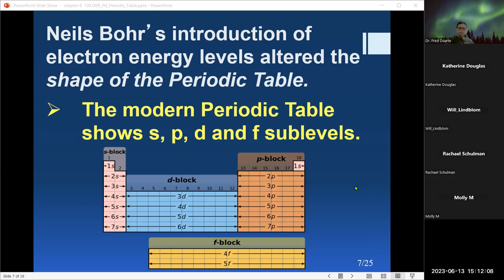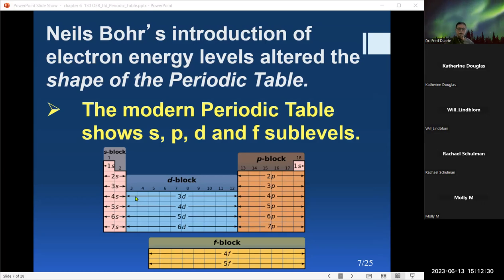So notice here in the 4S group that as we go into element number 21, as I explained earlier, this is the D block. We would anticipate that the electrons for the D block would be 4D, but that's not the case.